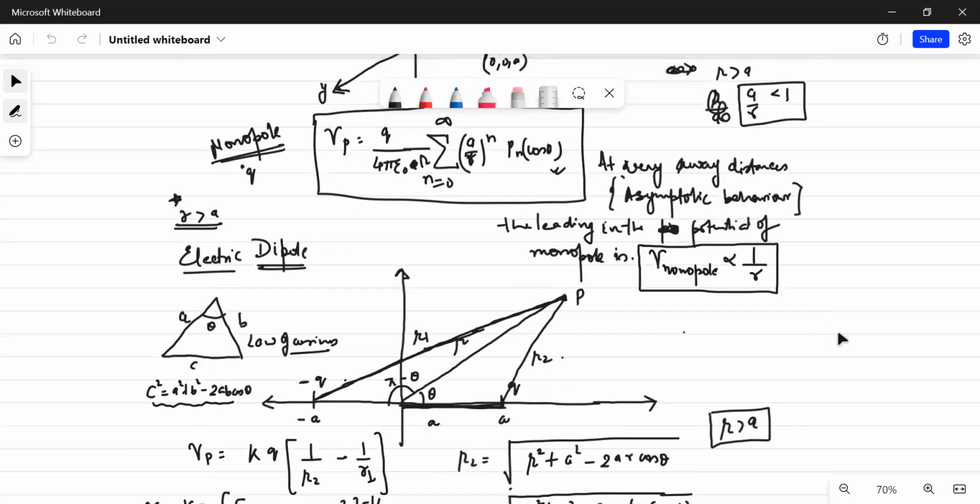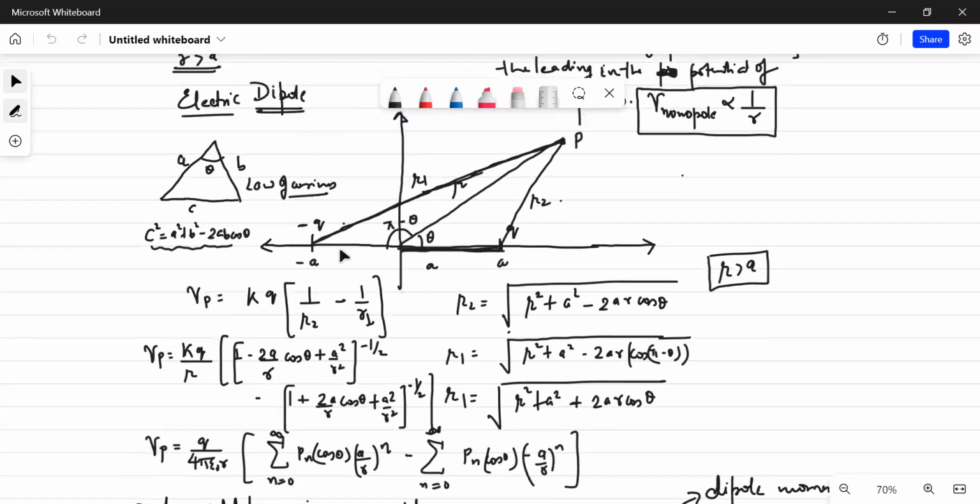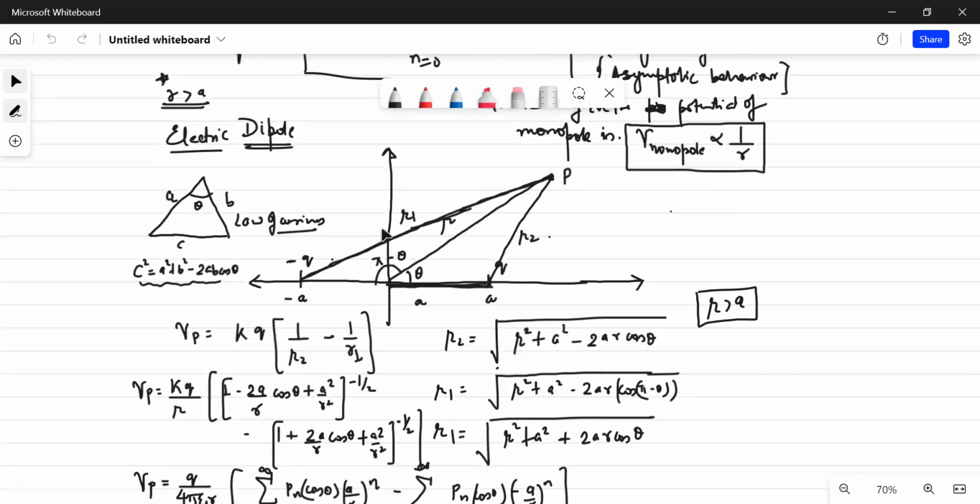An electric dipole, as you might have studied in standard 12, consists of two equal and opposite charges separated by a distance 2a. If this is 2a, and this charge is q and this charge is minus q, then we want the potential at any such point P, which is at a distance small r with r greater than a.